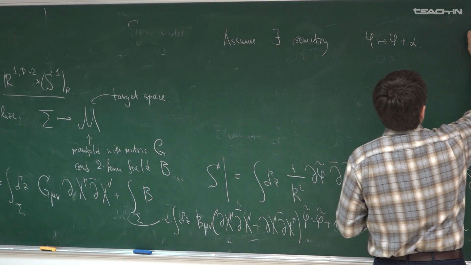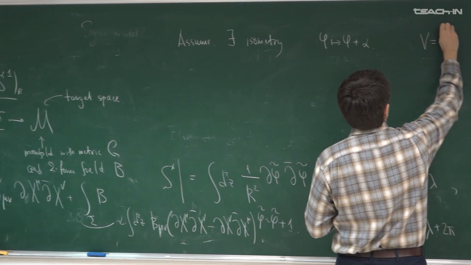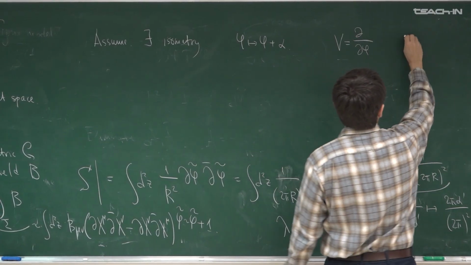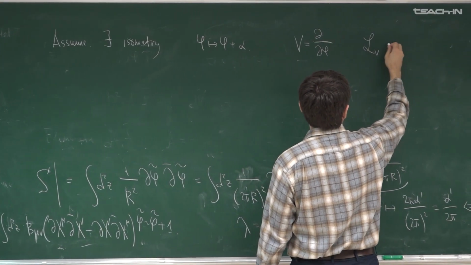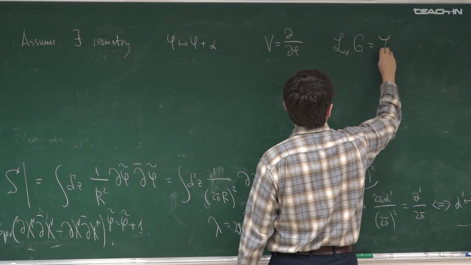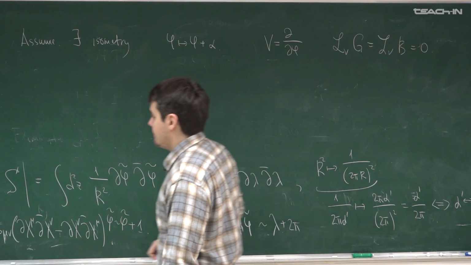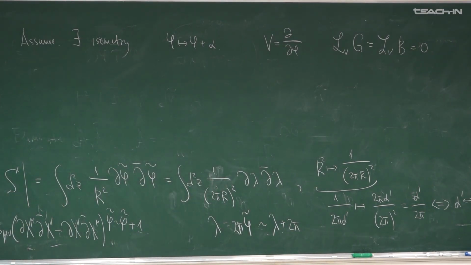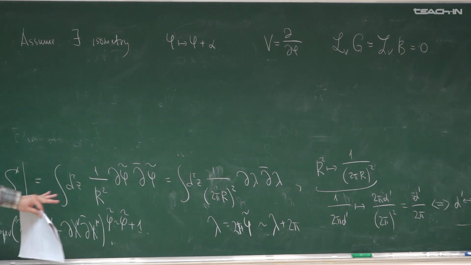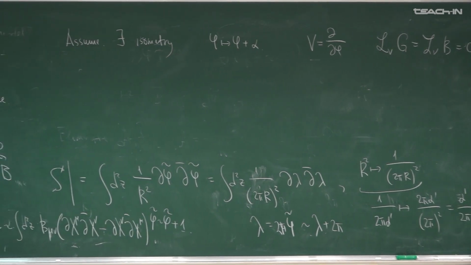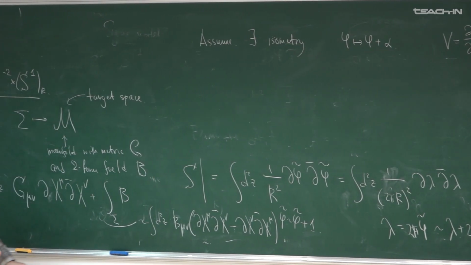So in other words, we have a vector field V, which is ∂/∂phi, and we want this to be a Killing vector. So we want the Lie derivative with respect to V to preserve the metric and also to preserve the B field. So we've now generalized that elementary theory with one angular variable phi that we had here to a complicated theory with many fields, okay? But one of them is phi, and we want there to be a symmetry of shifting phi.